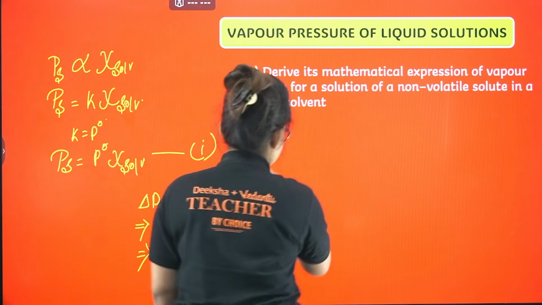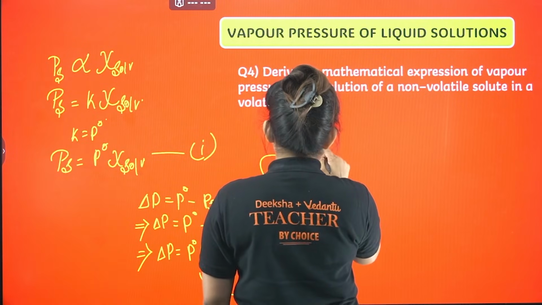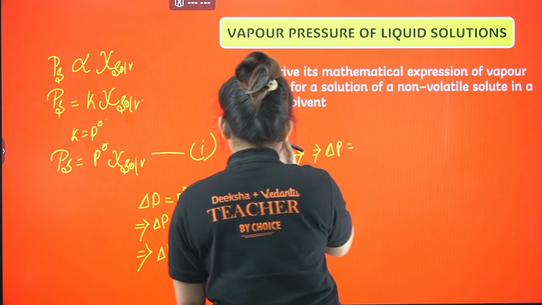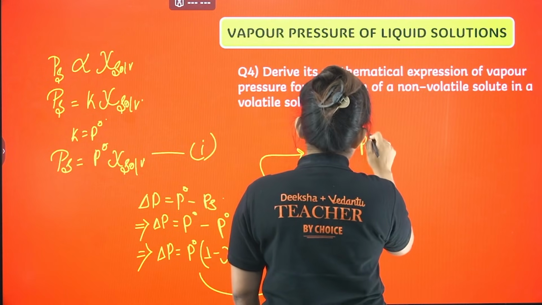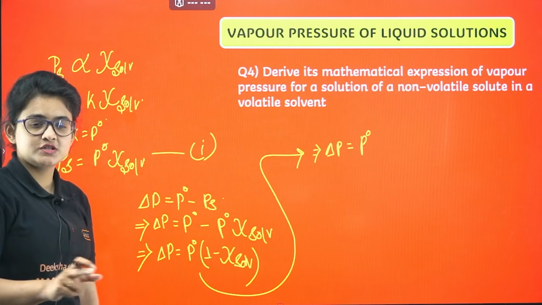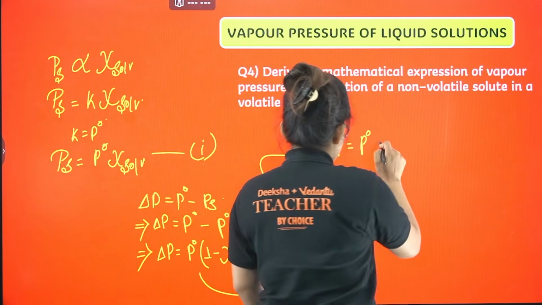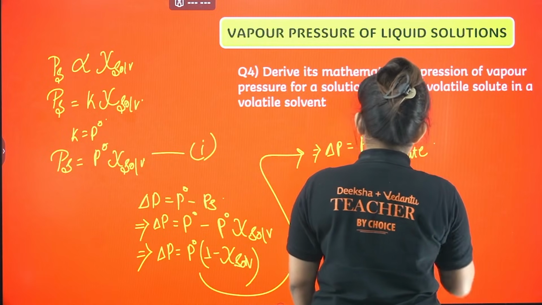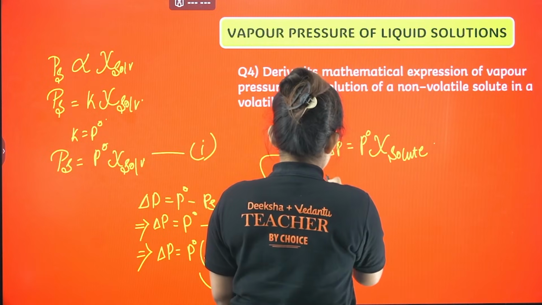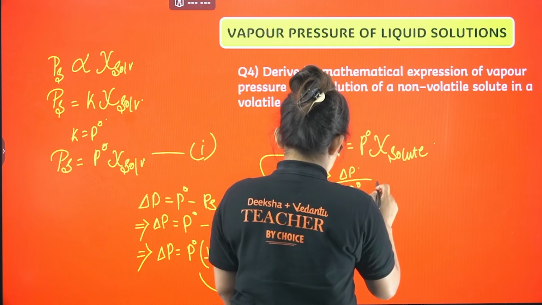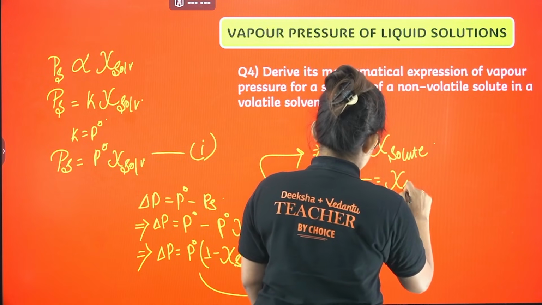From there if I continue, then delta P equals P naught. See, 1 minus mole fraction of solvent will give you the mole fraction of solute, right? So now from here, delta P by P naught is basically the mole fraction of solute.